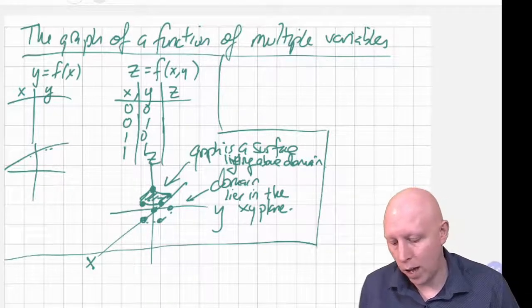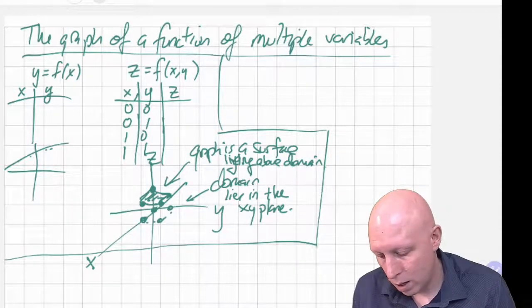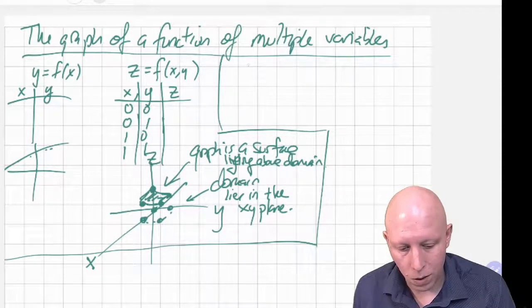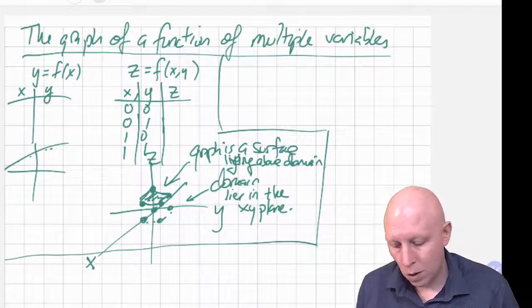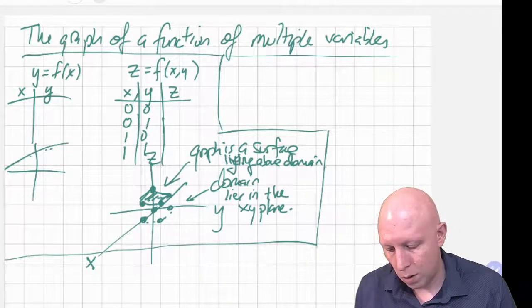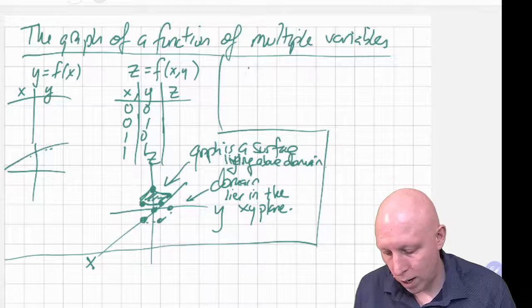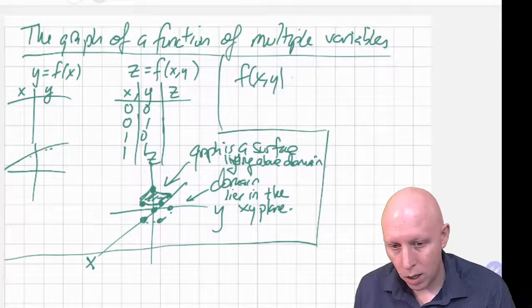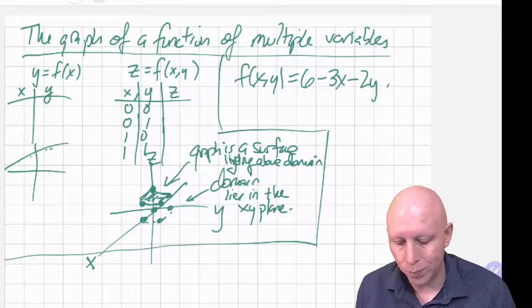So let's look at this: f of xy is equal to 6 minus 3x minus 2y.